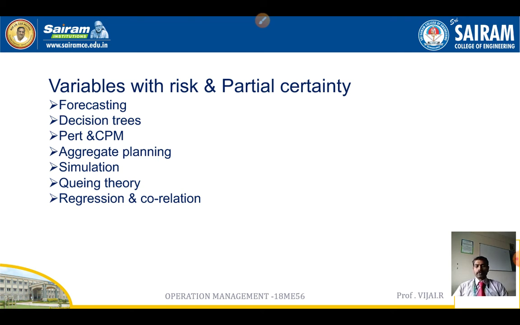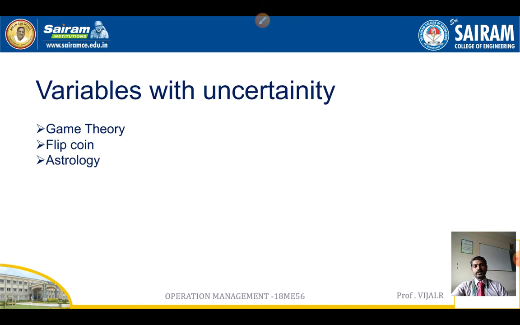These are problem-solving techniques dealing with risk. Whatever we are doing with decision-taking technology may have some constraints, and it's partial certainty. There is another case, where sometimes we have to take decisions under uncertain conditions, which we cannot do exactly.